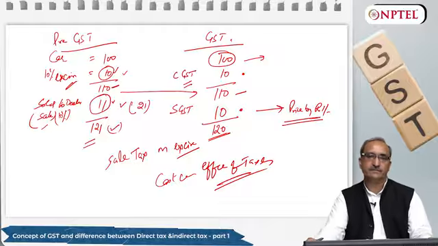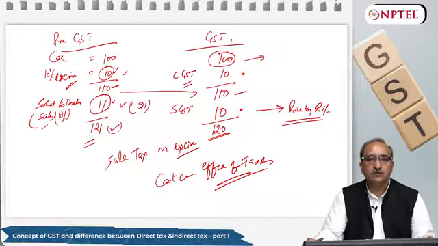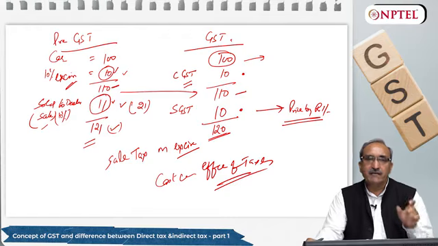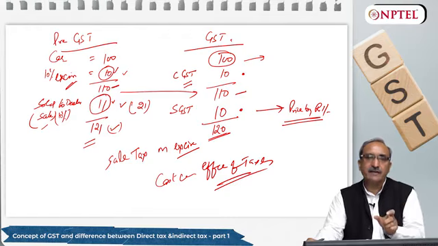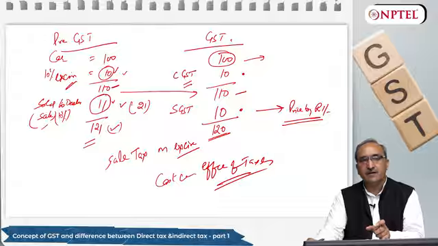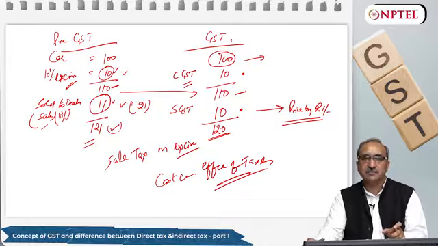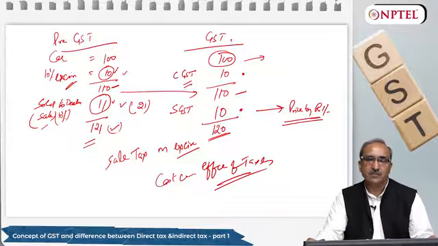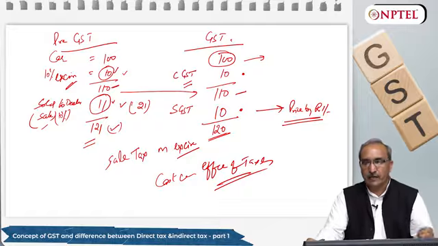So friends, by changing the calculation method under GST, the consumer saved 1 rupee. If the car you are buying is of 10 lakh rupees, you can imagine how much I can save when I am buying a car under the GST regime.